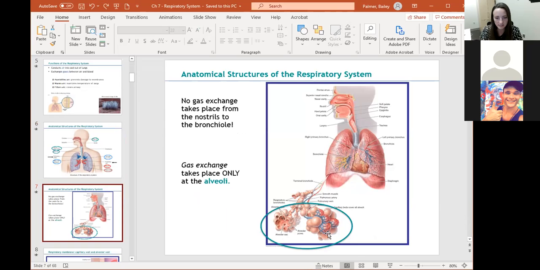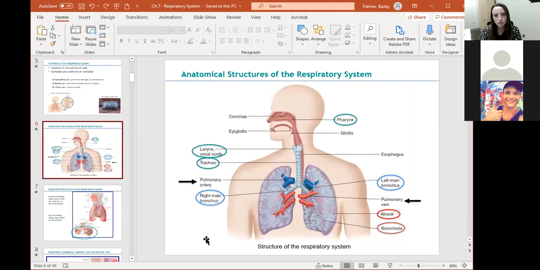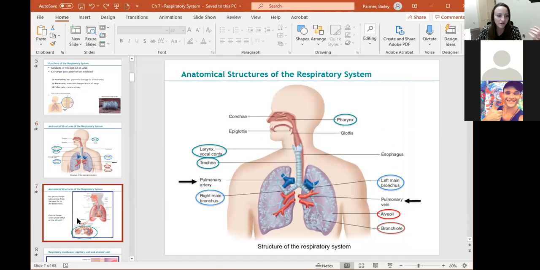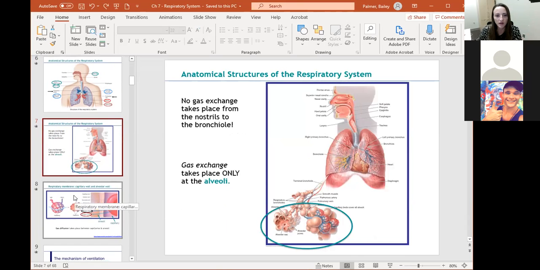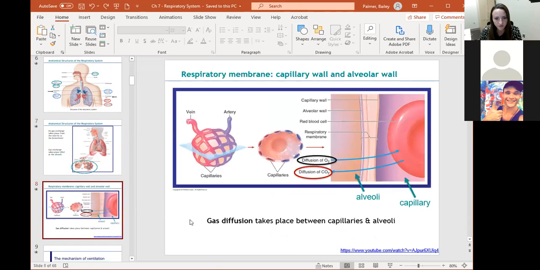So we'll talk more in detail about the alveoli in this lecture, but just knowing the pathway of that airflow. If you go to your lecture, if you pull up the animations, it'll show you exactly the path of airflow from where it starts to where it ends. So do understand that path of airflow. Know the alveoli is where gas exchange occurs.